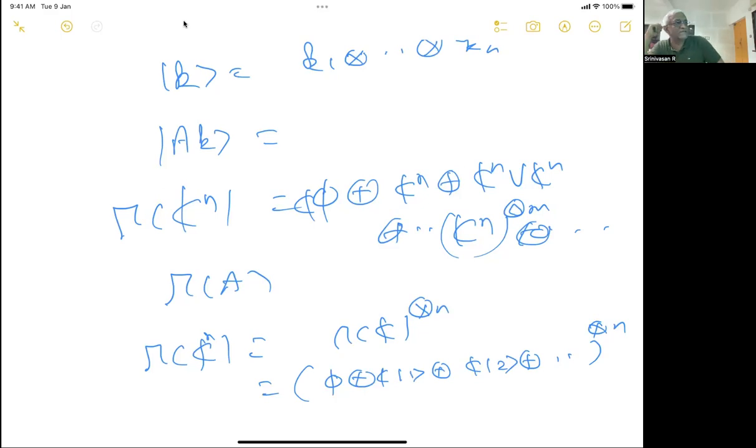How do you get an n particle space in the second picture? You can take the one particle space there, but that will give you only the one particle space.